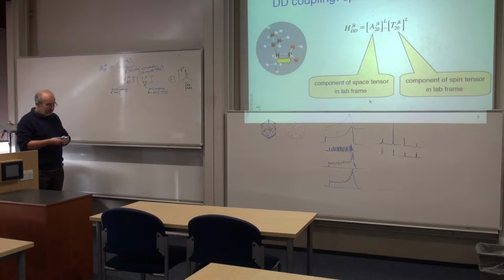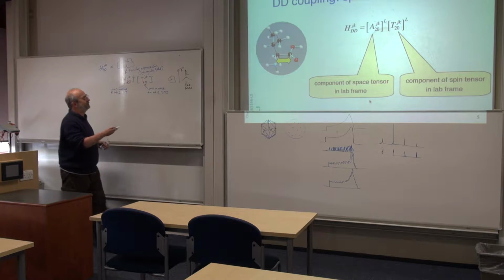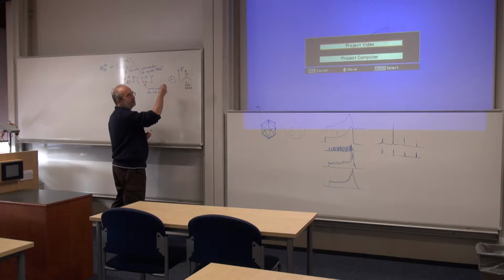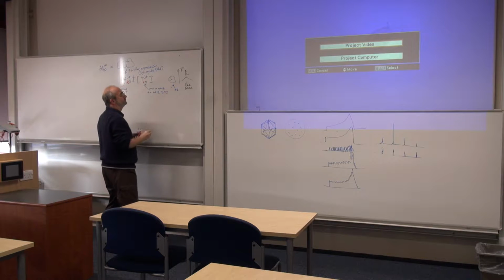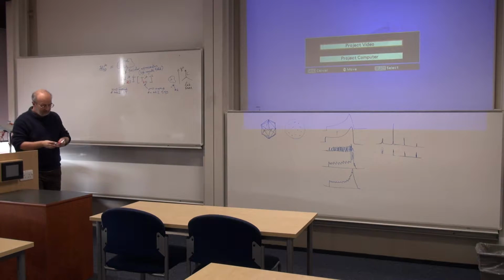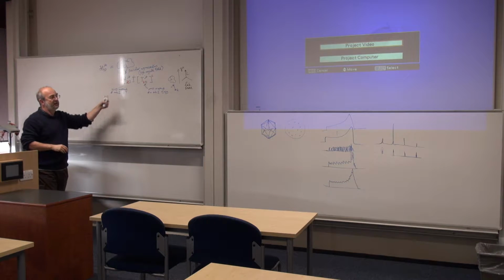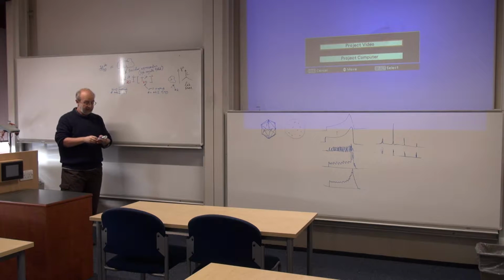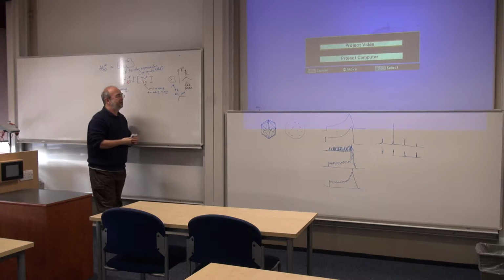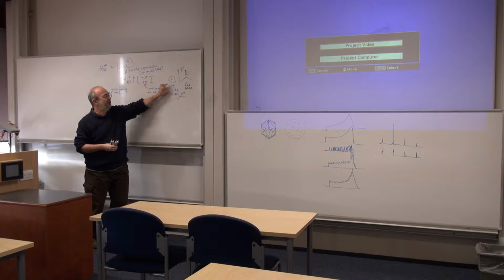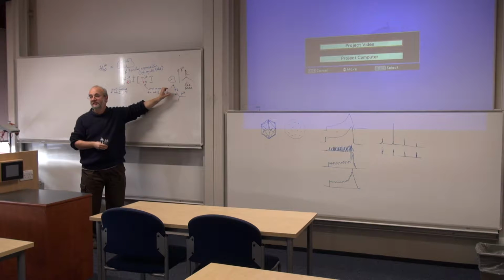The problem is that if we have 2 spins, J and K, then it's easiest to define the space part of the interaction in the principal axis frame of that interaction, which has its z-axis along the vector between the 2 spins.